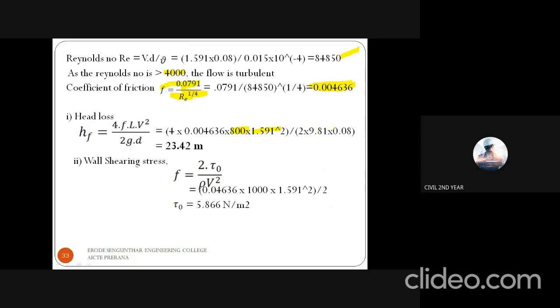So HF equals 23.42 meter. This is the head loss due to friction.